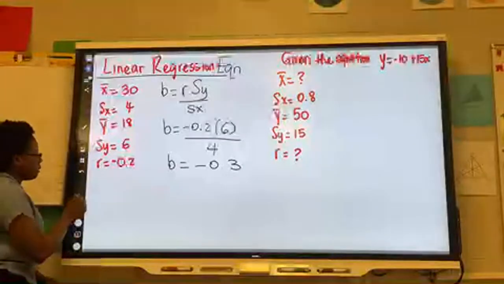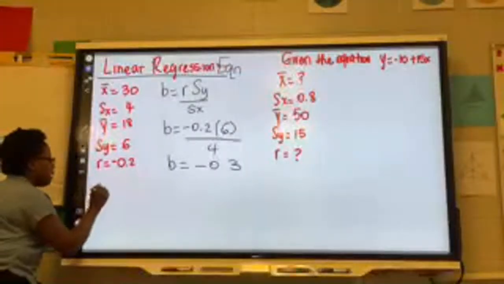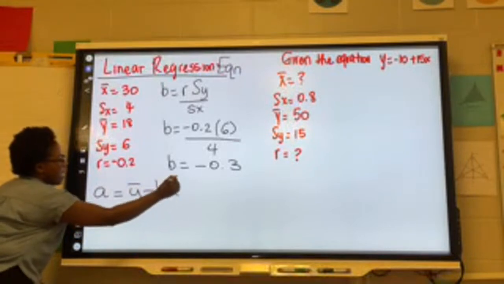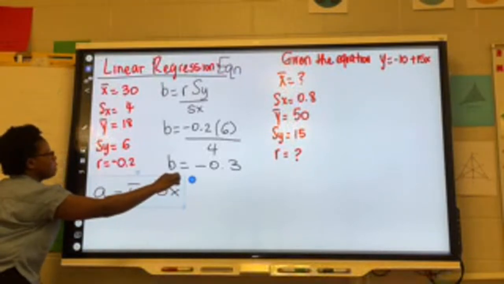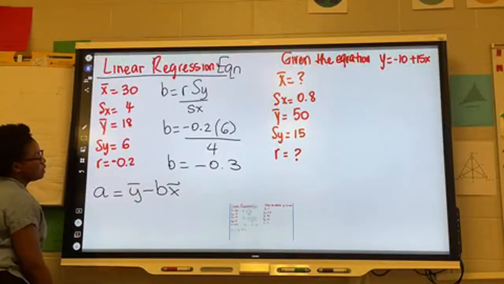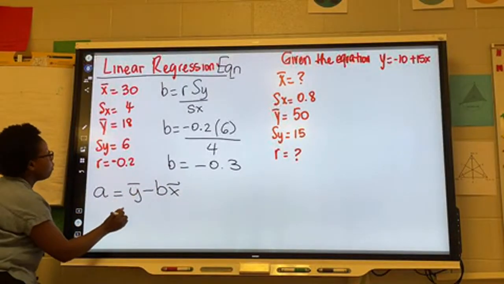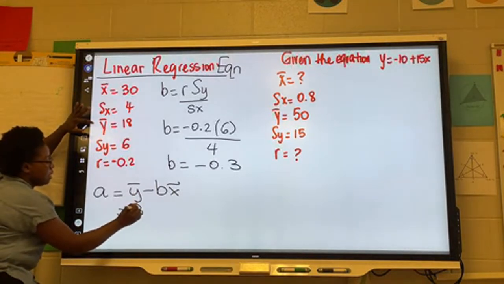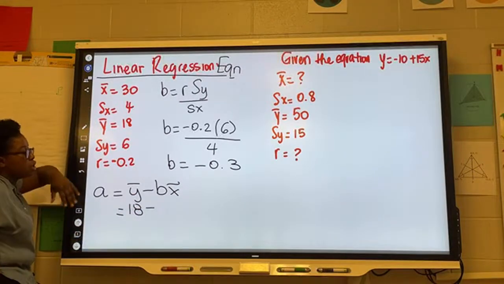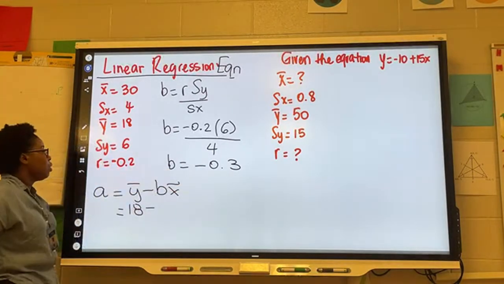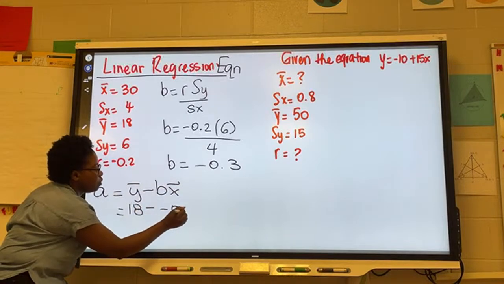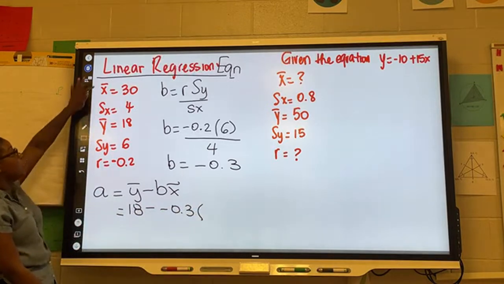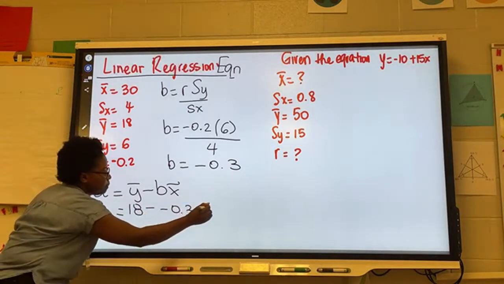Next, it's time for us to find our y-intercept. For the y-intercept, we use the formula a is equal to y bar minus b times x bar. So we need to know what y bar, x bar, and b are. Y bar is the mean of y, and that's 18, minus the slope that we just found, which is negative 0.3, times x bar, which is up here, 30.